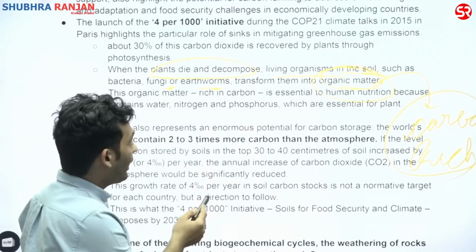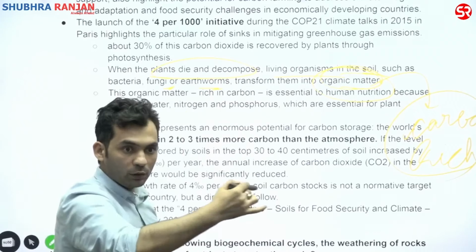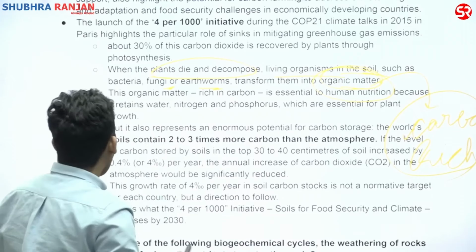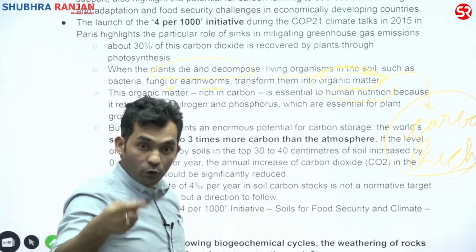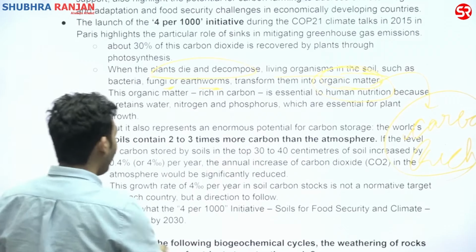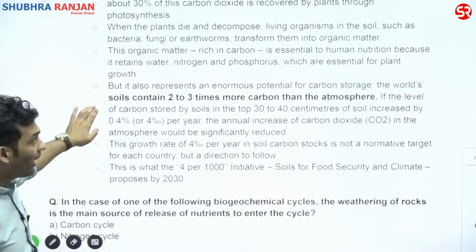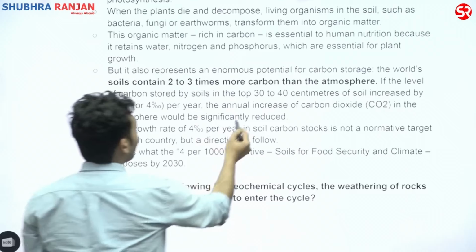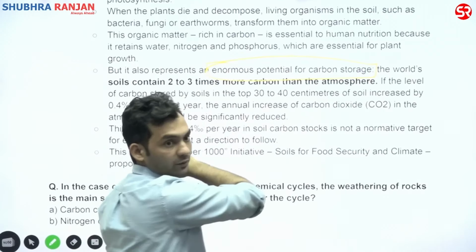And this is very important for the whole carbon cycle, right? It retains water, carbon, nitrogen, phosphorus, all those things which are essential for plant growth. But along with all these benefits, it also holds enormous potential for carbon storage.